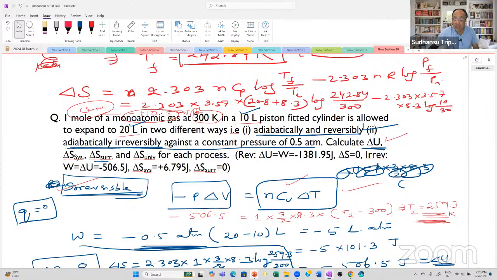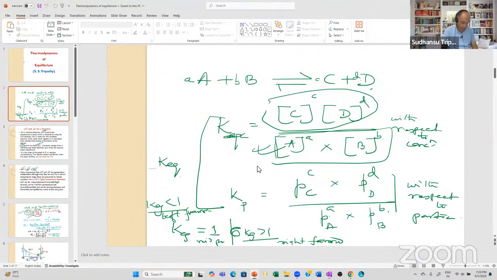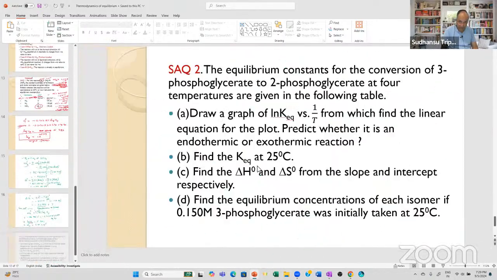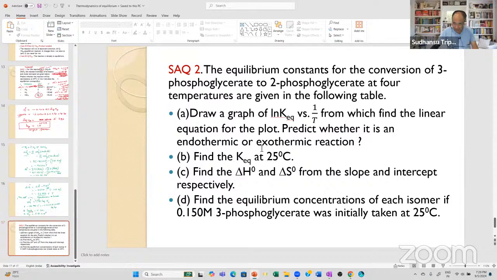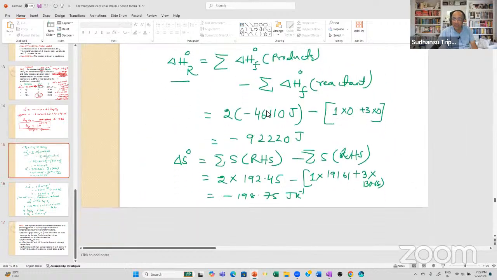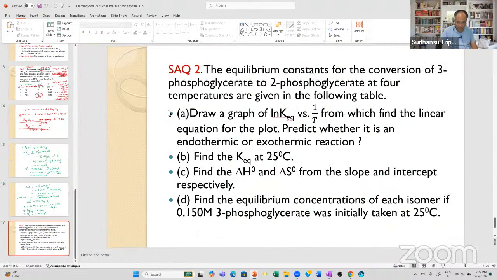Acha, this question, have you done it in the thermodynamics of equilibrium? I had given. No, this one you are not supposed to graph. I have given, but Rudra, you are trying to dodge this, saying that I have not given anything related to graph.